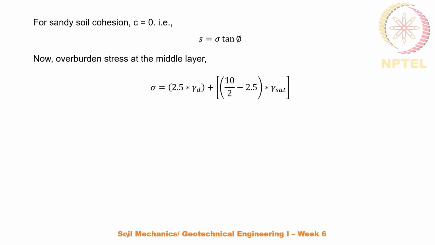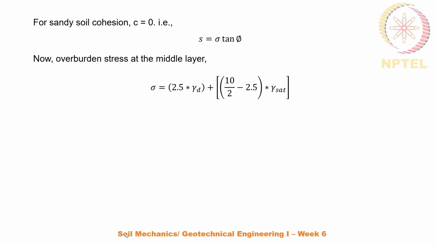So, the stress induced by that dry soil is 2.5 times gamma d, plus the remaining soil up to the middle of the sand layer. That is, we are calculating the shear strength at the middle of the sand layer or 5 meter from the ground surface.